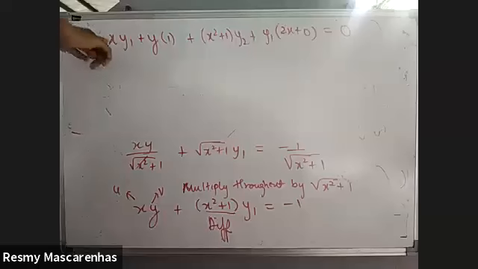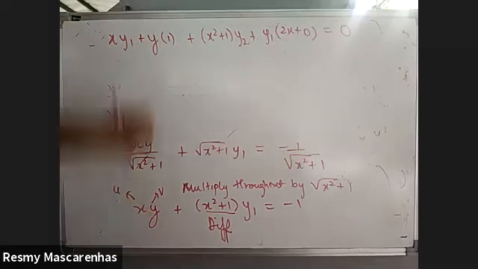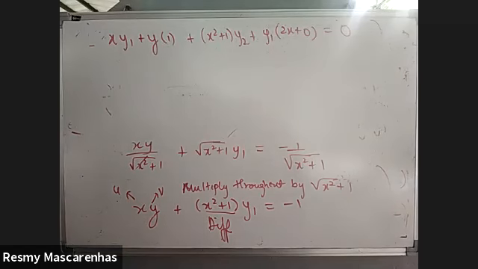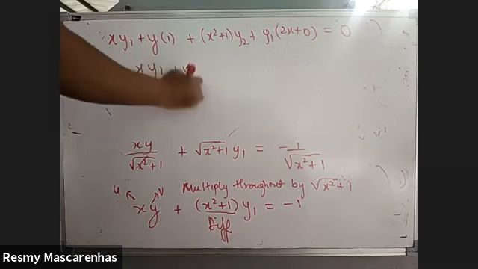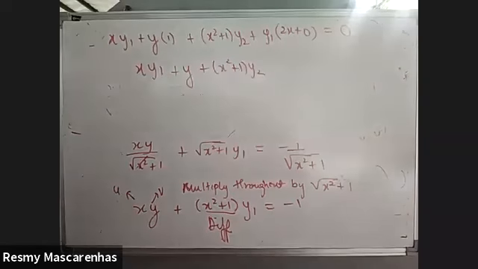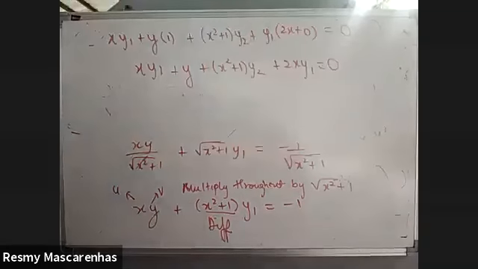How I got this? X is u into derivative of y will be y1 plus v I have written as it is. Derivative of x is 1. So x y1 plus y is equal to 0.